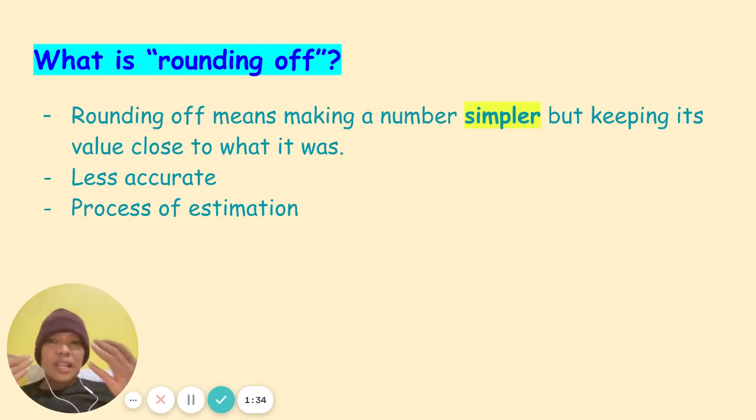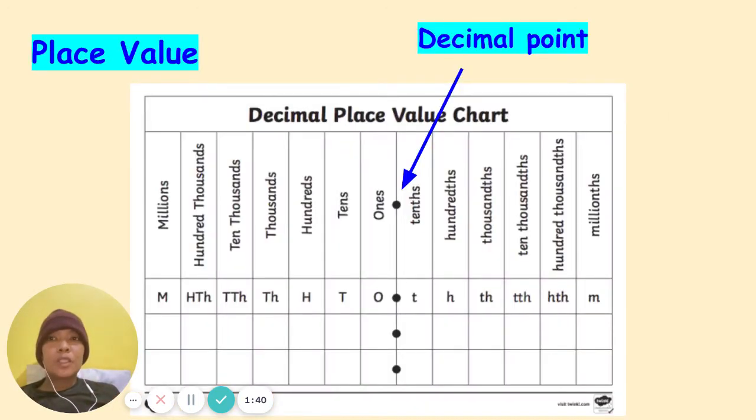As we discuss, malalaman nyo po kung ano yung rounding up. Okay? So but before that, dapat alam po natin what is place value. So what are the place values nung number system natin. So for example, decimal place value. So of course, pag may decimal place value ka, meron kang decimal point. Ayun po. So ano po yung nasa right side ng decimal point?